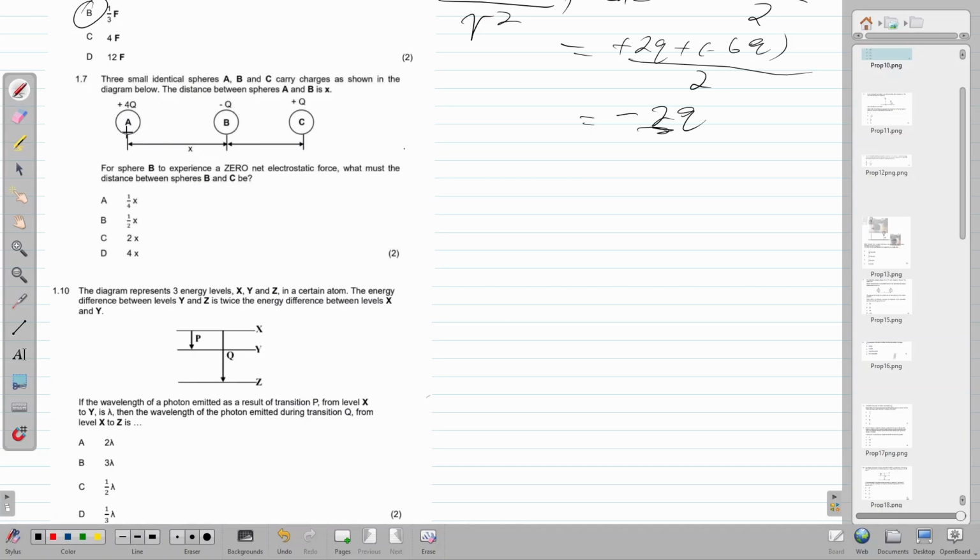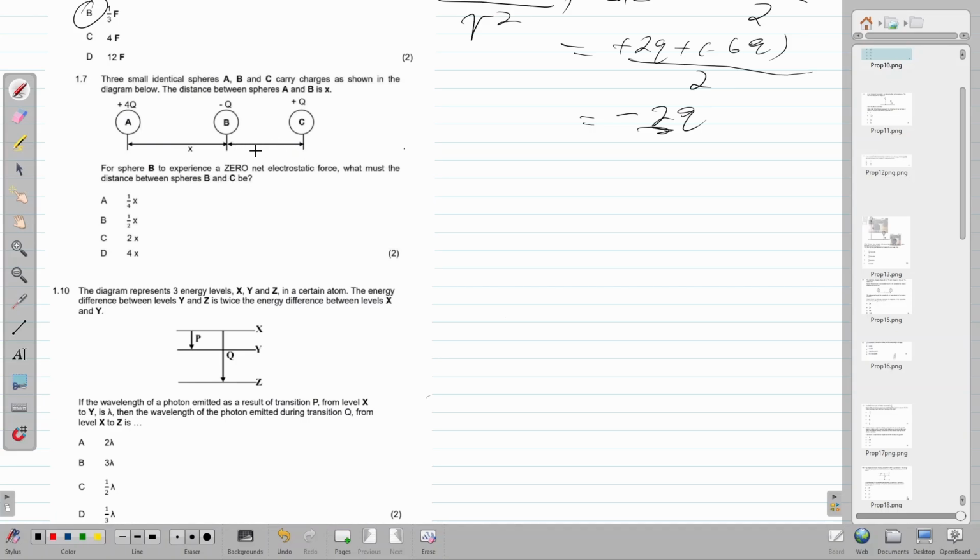The distance from A to B is x. For sphere B to experience a zero net electrostatic force, what must be the distance between spheres B and C?